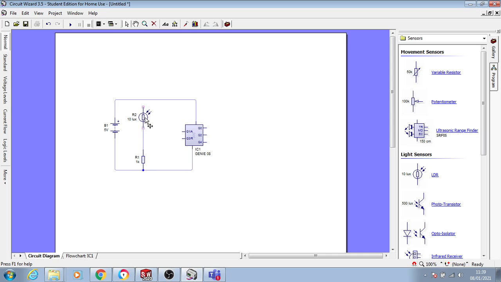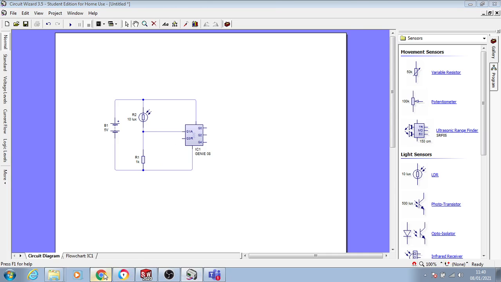You can tune this to get the right voltage to switch this on. But obviously if this is at the top, when it gets bright, the resistance lowers, so when it gets bright, this voltage is higher. Whereas if it's at the bottom and the fixed resistor, or the calibration resistor, is the other way around, when it is dark, this voltage gets higher. Okay? So depending on which way round you do it. Right, we're going to put that there.